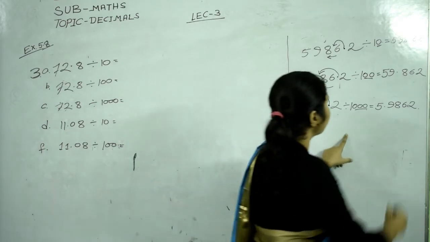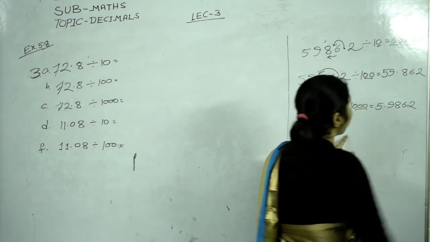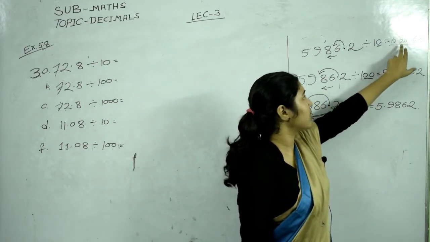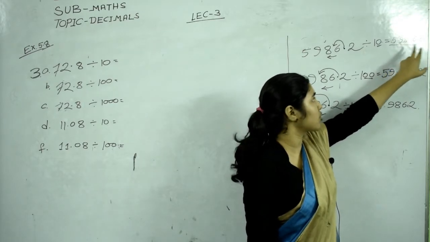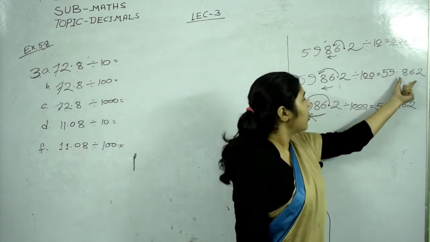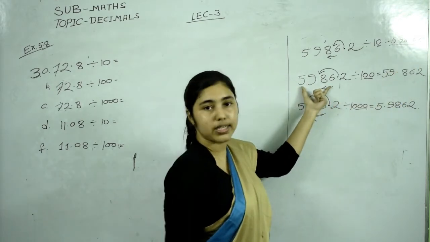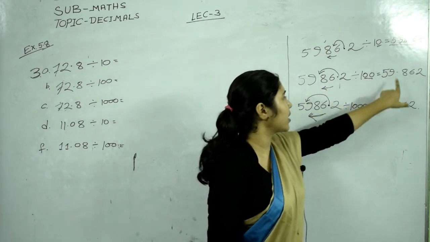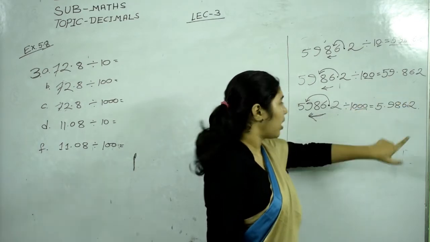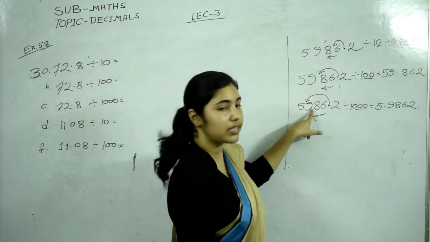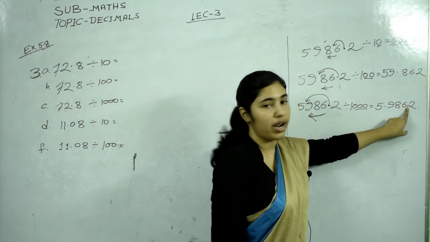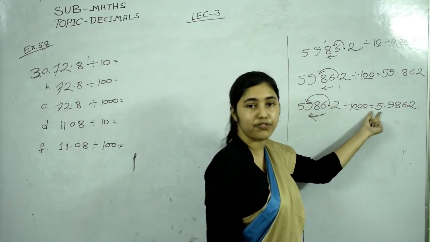Now notice one thing. Here the number is 598.62, so the whole number part is 598. But when we divide the same number by 100, we get the whole number part as 59. And when we divide the same number by 1000, the whole number part is only 5.